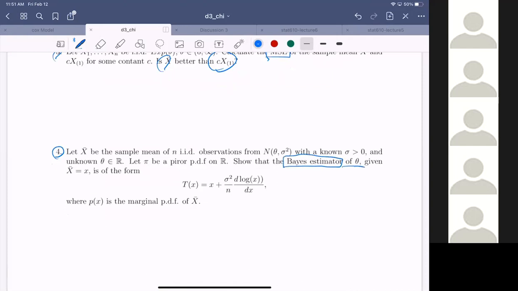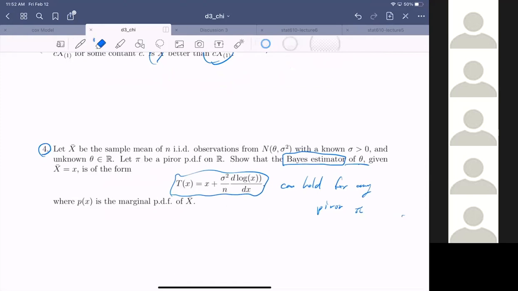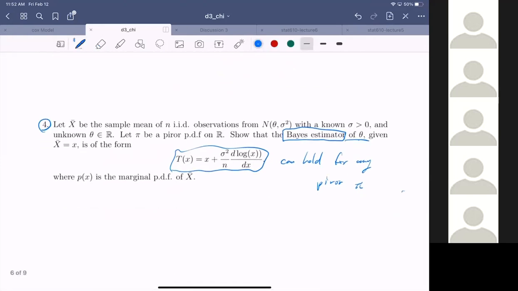And this formula can hold for any prior. Try to derive this formula. So you have to find a posterior distribution.